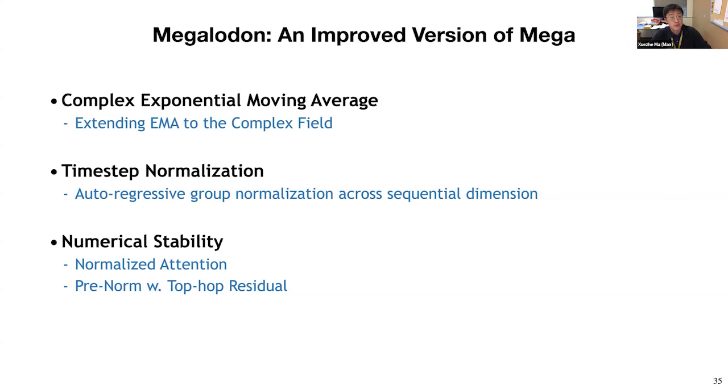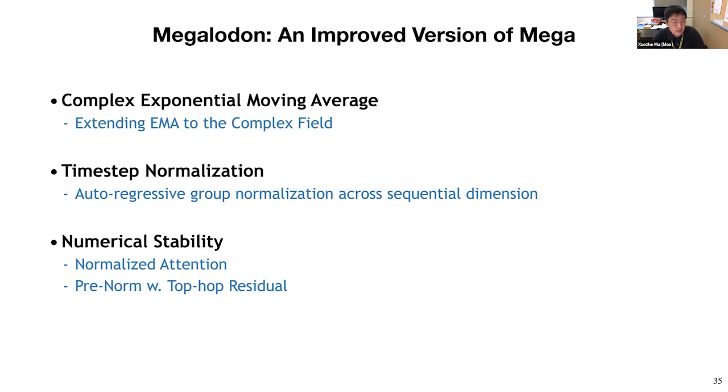The first is that to improve the EMA complexity, we extend the EMA layer to the complex field. And the second is that to achieve a unified architecture, we propose a time-step normalization layer. We show that it works well for almost all data modalities.